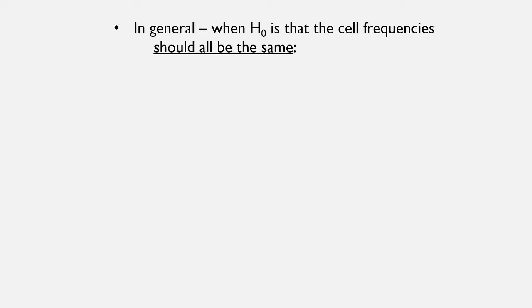Okay, so in general, unless otherwise stated, the null hypothesis will reflect that the frequencies in the different cells should be the same. Now, that's not always going to be the case, and I'll show you that a little bit later. But basically, unless otherwise stated, you get your expected frequencies for your one-way chi-square by dividing the total number of participants in your poll over the number of groups within your single variable.